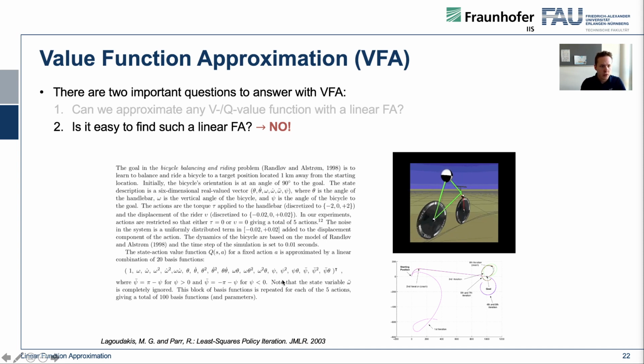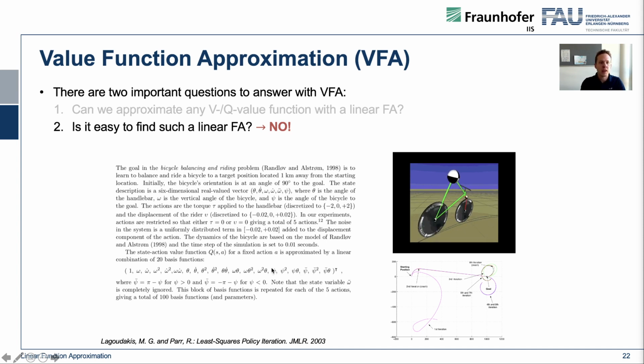And you see that also here, if you really well tune your feature space, you can come up with, in this case, 20 basis functions that you can use to approximate your value function through a linear combination of them.